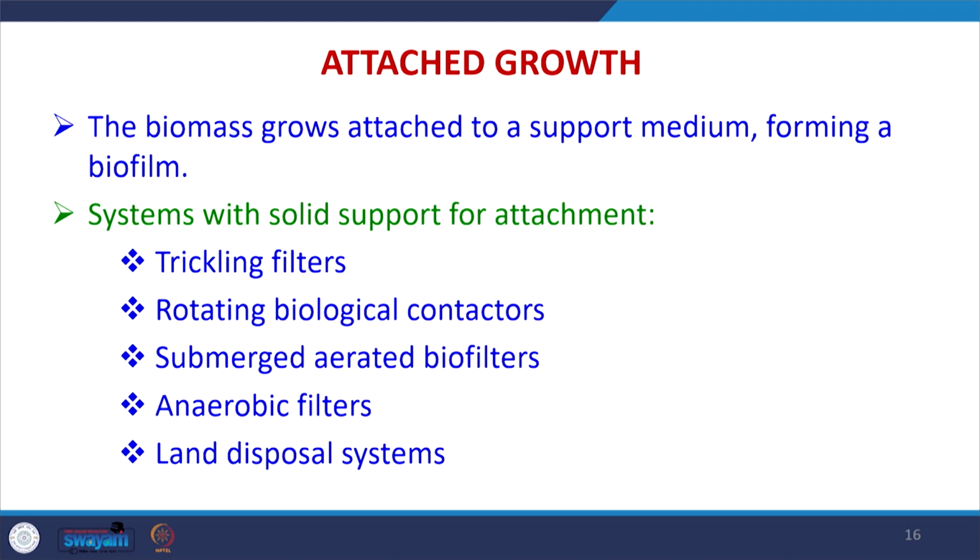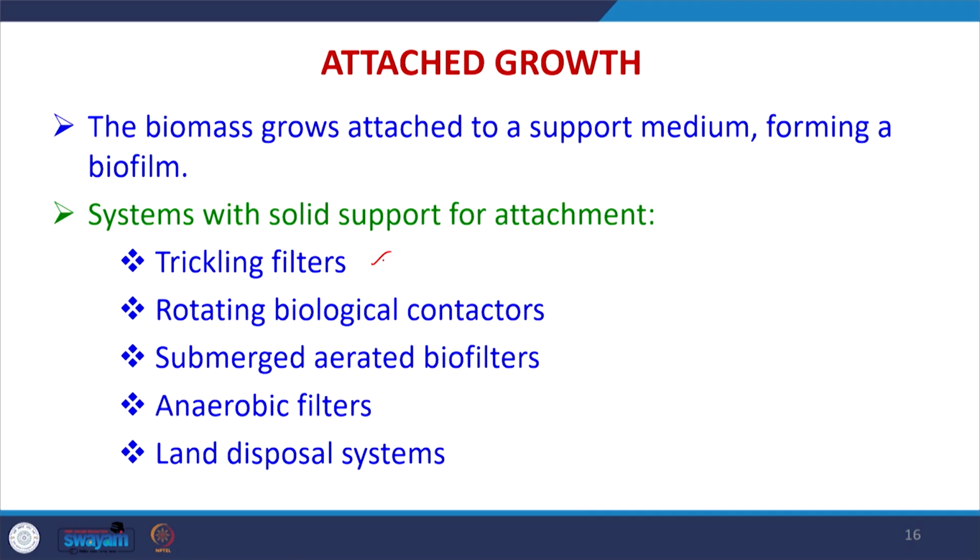Now, there is another system which is called the attached growth system. There are various examples of attached growth systems. The biomass grows attached to a support medium, forming a biofilm. Now, this inert material on which attachment happens may be different. It may be a simple packing material, it may be a rock, it may be some random packing material which is used in the chemical industry, or it may be a simple plastic media on which the attachment may be there.